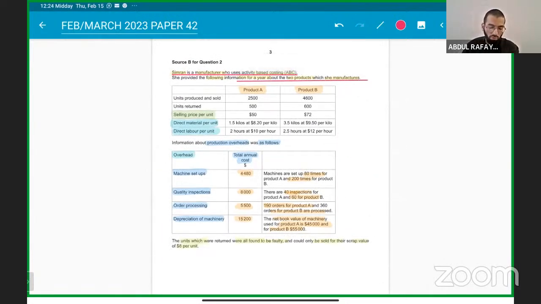Scrap value is the residual value, the minimal end value, which is $8.